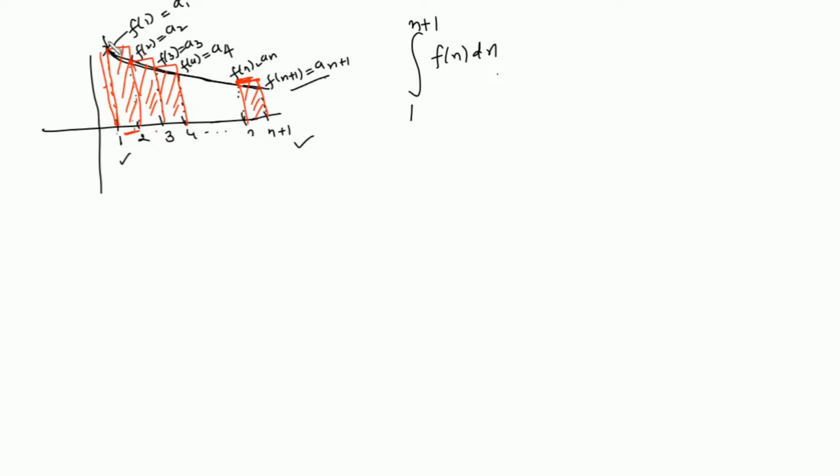So clearly the area under the curve is less than or equal to the sum of the areas of these rectangles. So the value of this integral will be less than or equal to a1 plus a2 plus a3 up to an. And what are these?